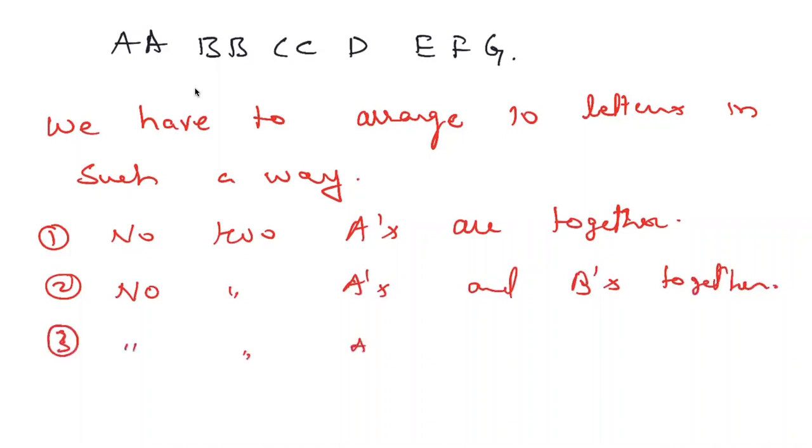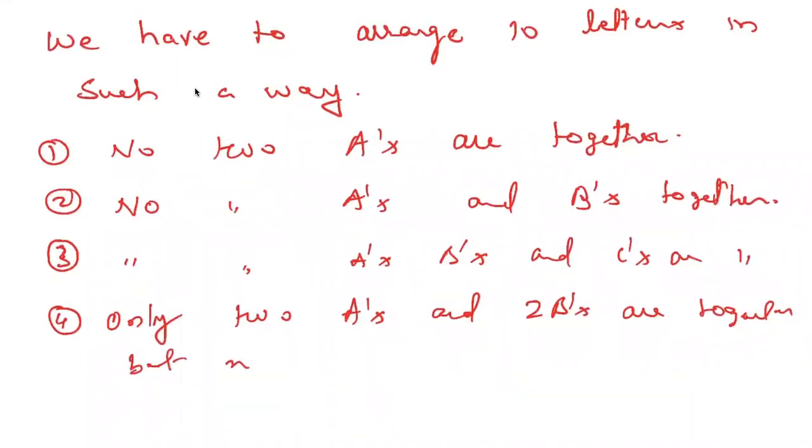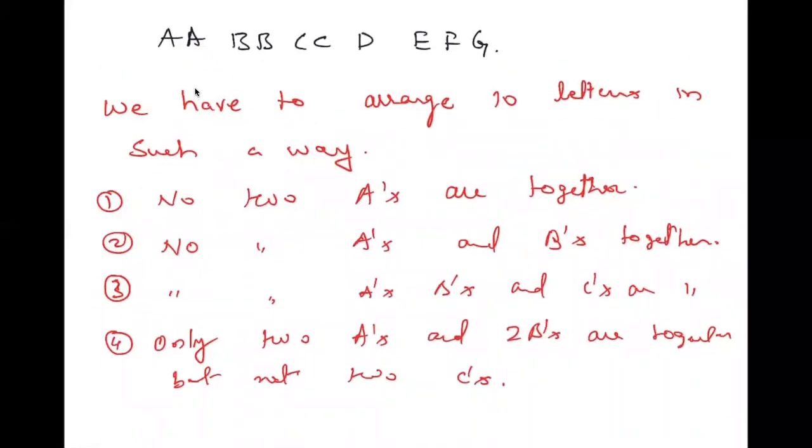Third, no two A's, B's and C's are together. Fourth, only two A's and two B's are together, but not two C's. It's a beautiful arrangement question.